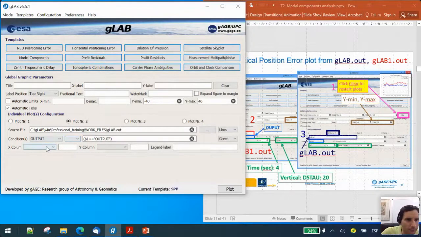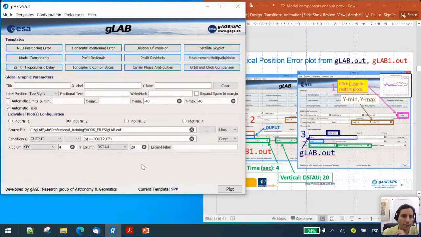And then as an x-axis, we will use the seconds of the day, that is the column number 4, and as a vertical axis, we will be using this label, that is the column number 20.